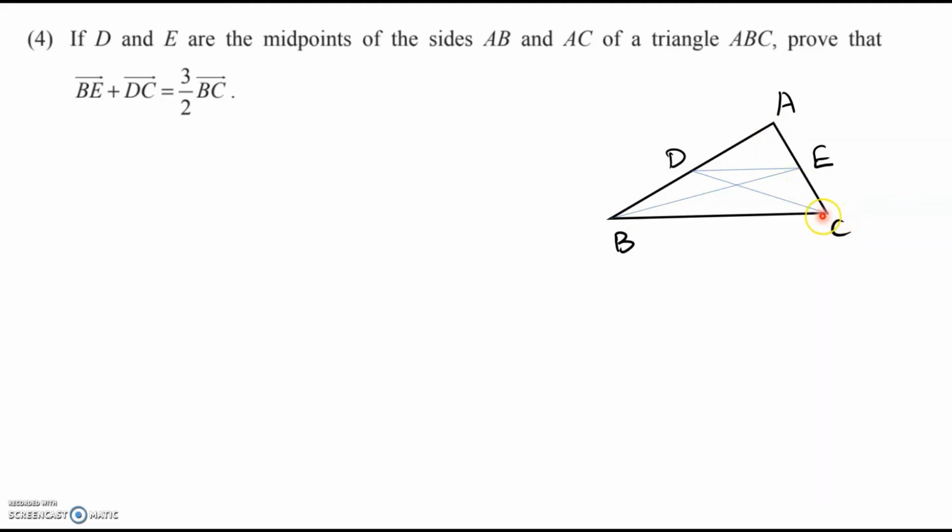Now we need to prove that the vector BE plus vector DC, these are like the points that join the midpoint to the vertex, both these lines is equal to 3 by 2 BC vector, which is this vector.